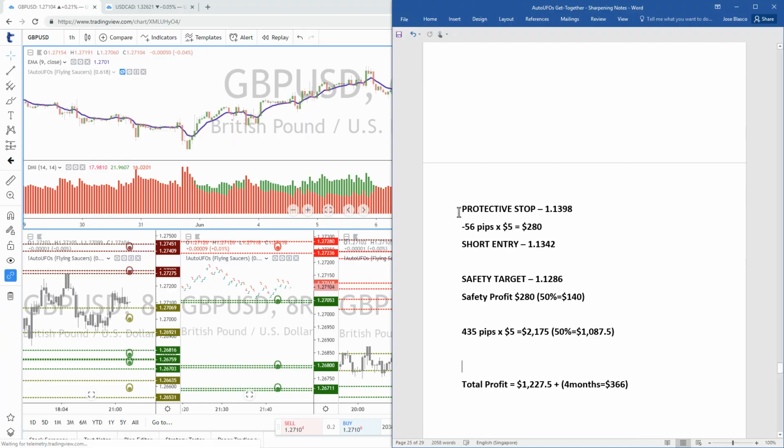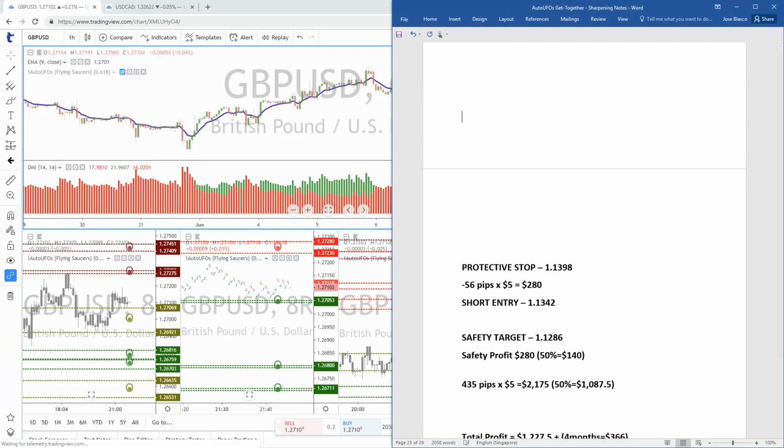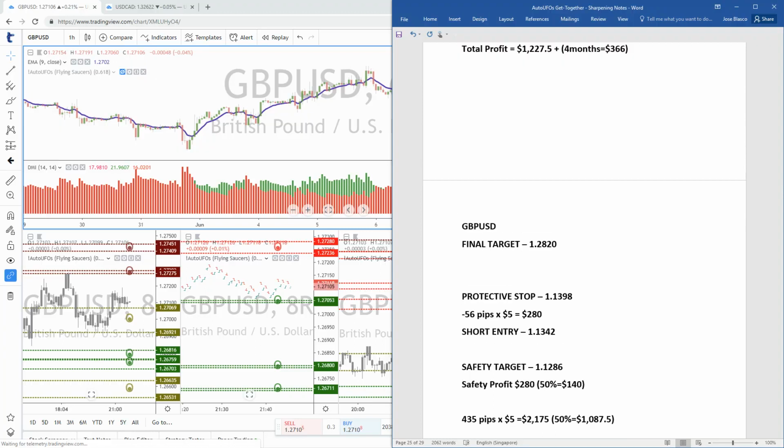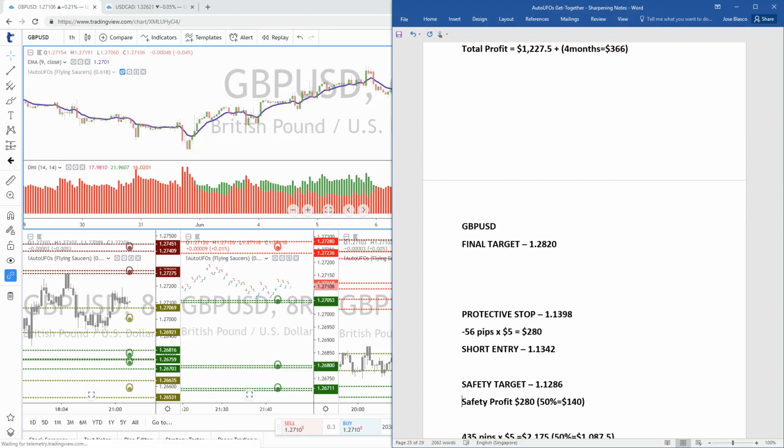The final target will be located above, and we just said the final target is going to be 128.20 for the pound. This is a British pound trade, GBPUSD, using the major. Then below that, we're going to have a safety target, which I need to calculate because it depends on where the entry and where the stop is.